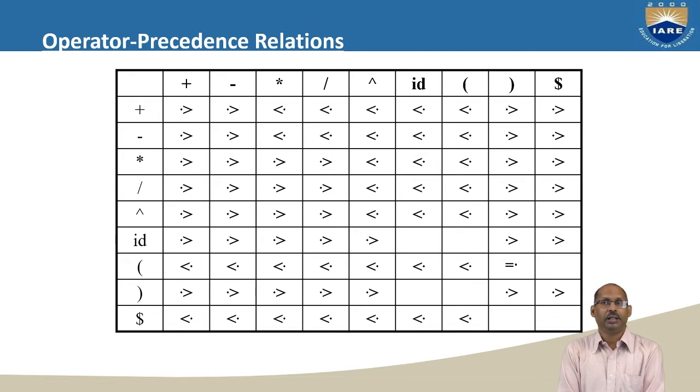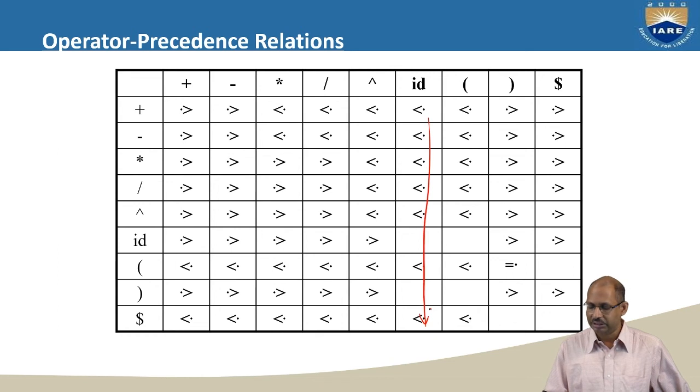This is the operator-precedence table between all the operators, identifiers, parentheses and dollar sign. Right? So always ID has the higher precedence, and dollar sign has the least precedence. Then we use power, division, multiplication, plus or minus with respect to operator precedence relations. So if we consider, ID always has higher precedence.